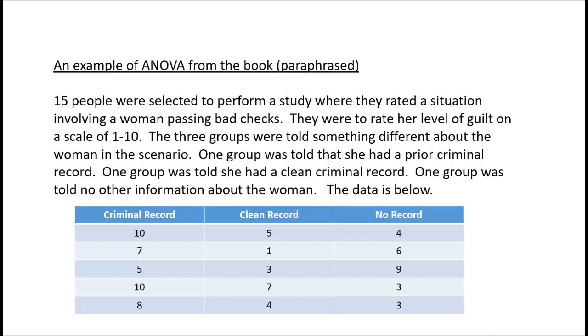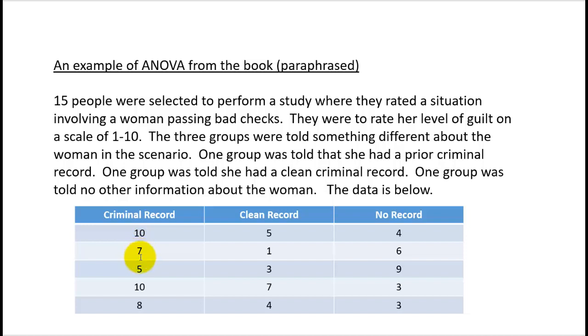The 3 groups were told something different about the woman in the scenario. One group was told that she had a prior criminal record. One group was told that she had a clean criminal record. One group was told no other information about the woman, and the data is below. So in the criminal record group, the first person said that she had a guilt of 10.